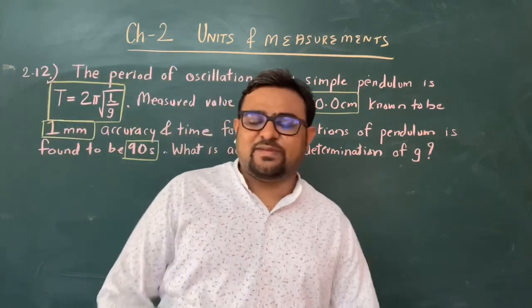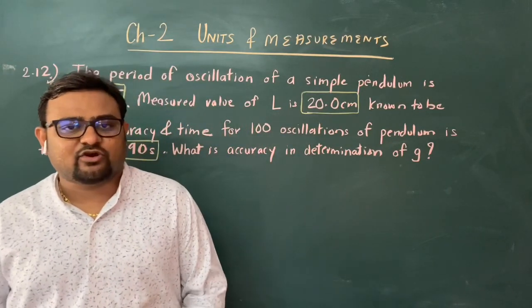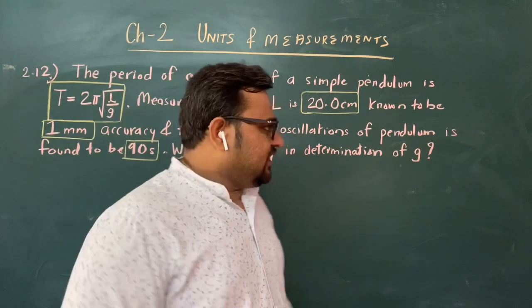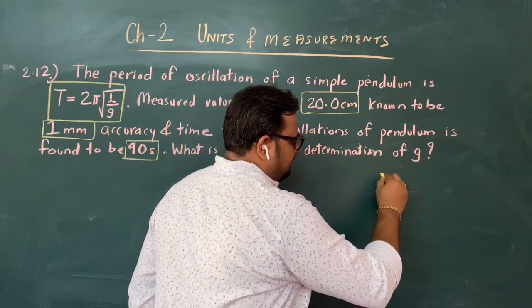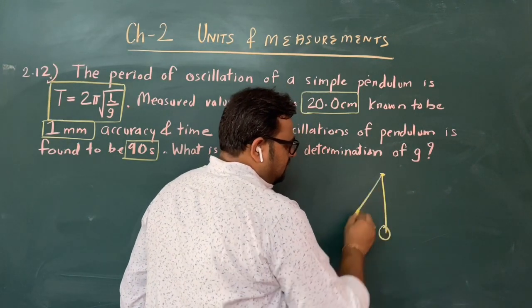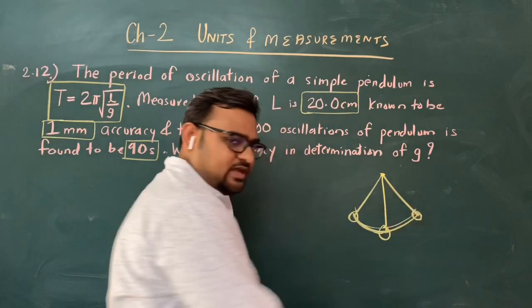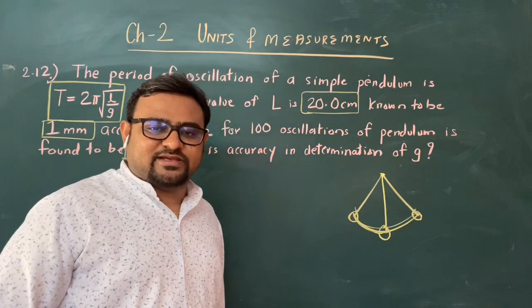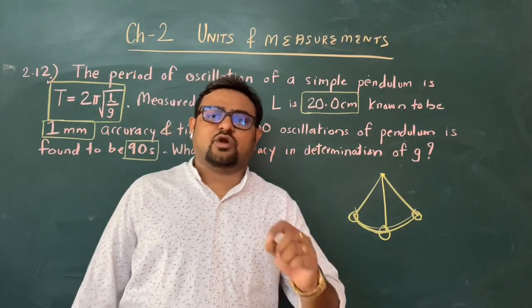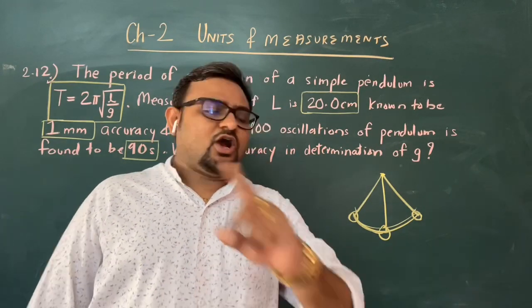Now first let me explain what a periodic time is. If you take a pendulum, it oscillates in this way. Periodic time is the time taken to complete one oscillation.